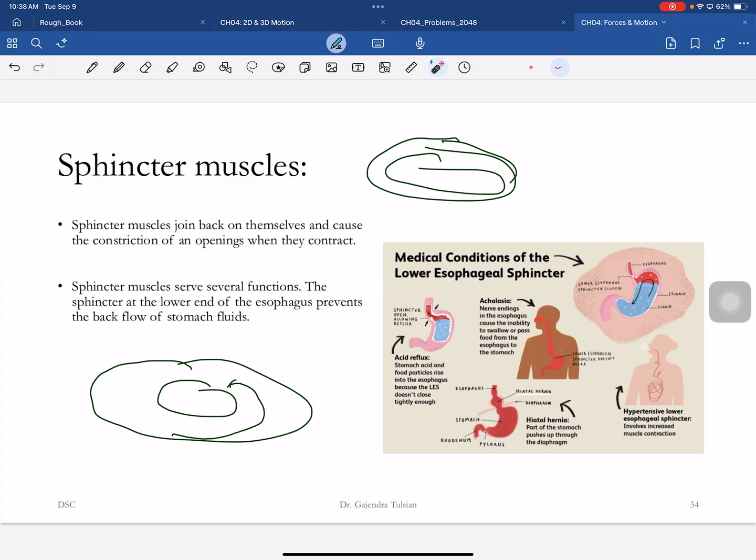That's heartburn. How do you prevent that? Lay on your side. Have a sphincter muscle that closes the opening, preventing the liquid from flowing back. Okay. So these sphincter muscles are very important.